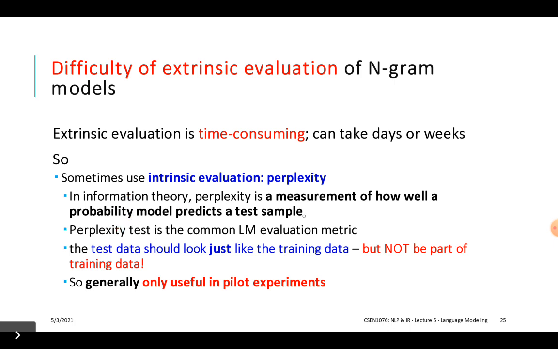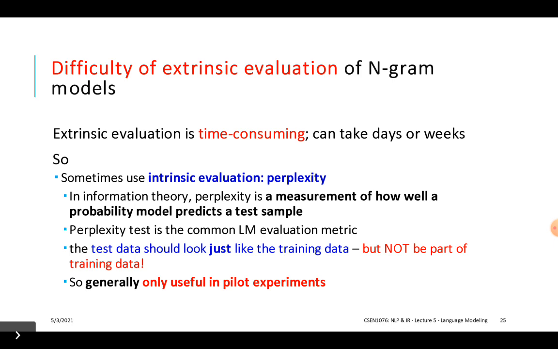If the probability of the test sample is high, then we are much less confused. And if the probability is very low, then the sentence that we have is very confusing, and thus it has very high perplexity.